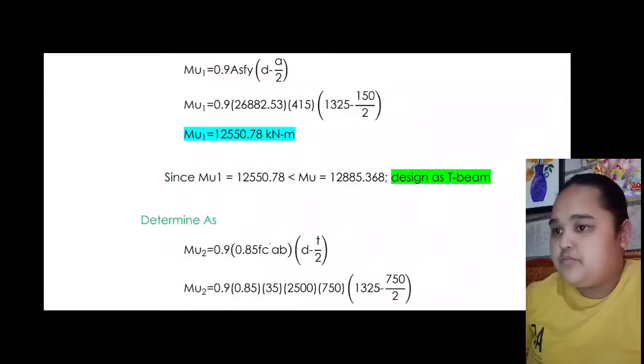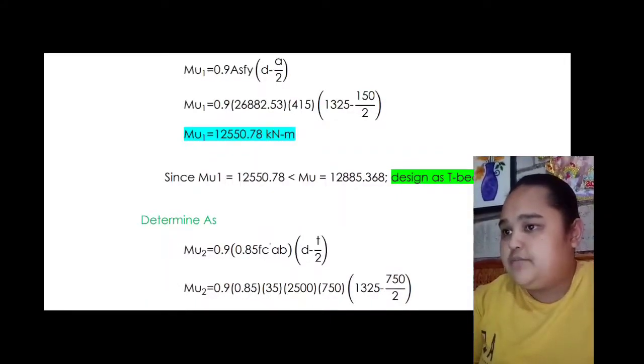MU1 is equal to 0.9 times 26,882.53 times 415, quantity 1352 minus 150 over 2 is equal to 12,550.78 kilonewton meter. Since MU1 is less than MU, design as T-beam.